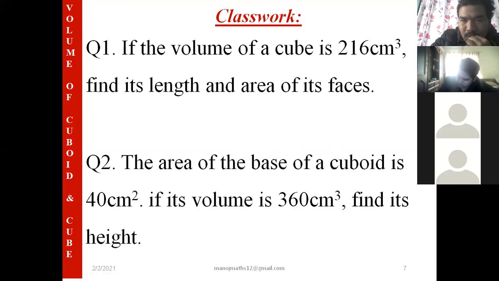The root sign, and in the corner of the root sign they write 3. There will be cube root of volume. If you write the cube root of volume equals length, then in the cube root of volume you write the cube root of 216. If you find the cube root of 216, you will get how many factors?